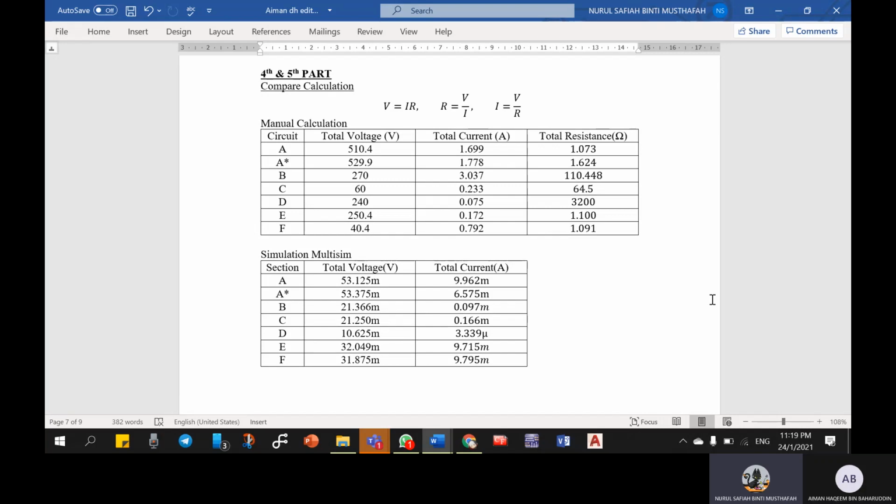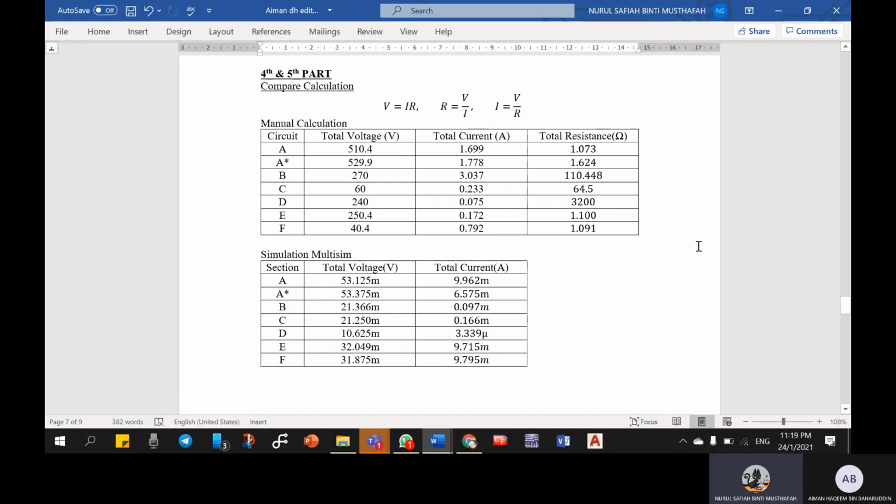In this formula, we can convert it into R equals V over I to find the resistance, and also into I equals V over R, which is used to find the current in the circuit.